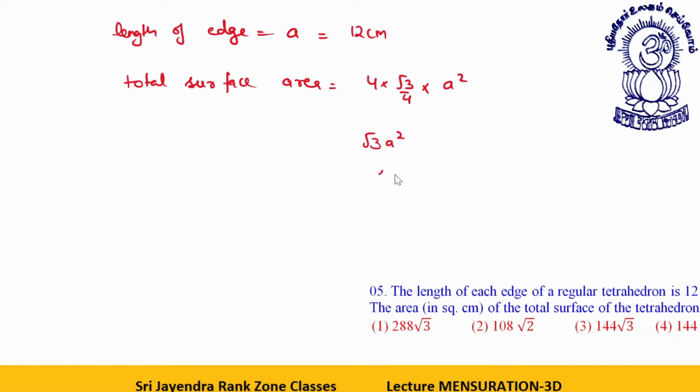Root 3 into 12 into 12, that is 144 root 3 centimeter square. This is your answer, my dear students. Clear to all? Option number 3 is the answer.